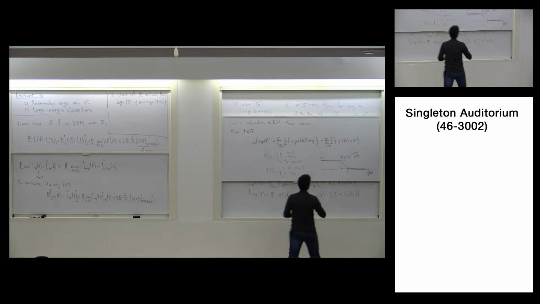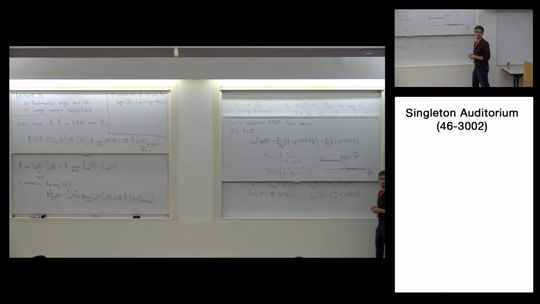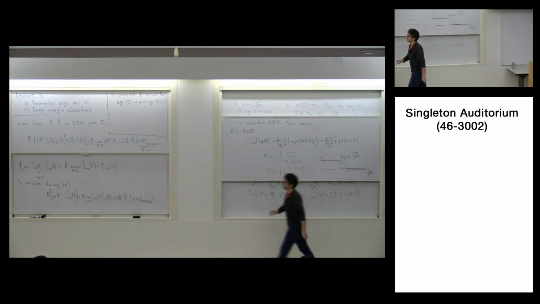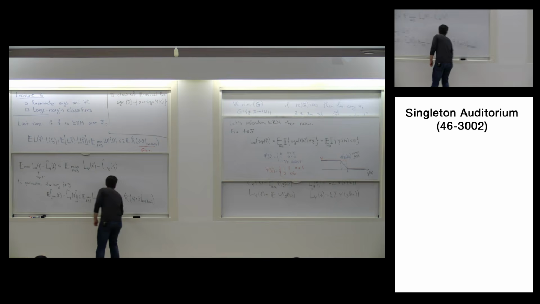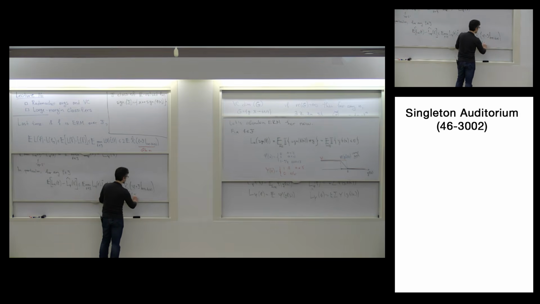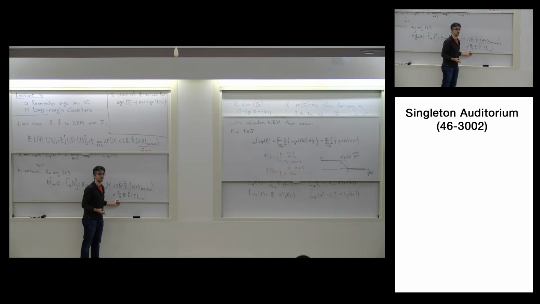In this case, what is the Lipschitz constant of the blue function? How steep can it go? 1 over gamma. So I get 2 divided by gamma expected Rademacher averages of just my original class f projected onto x1 through xn. The y variables are gone.